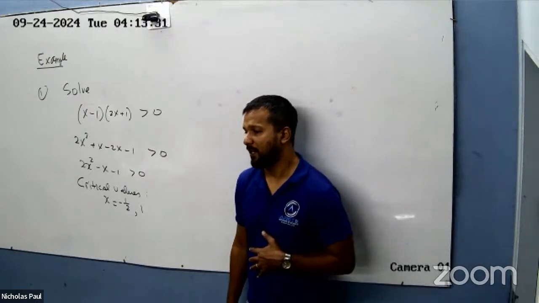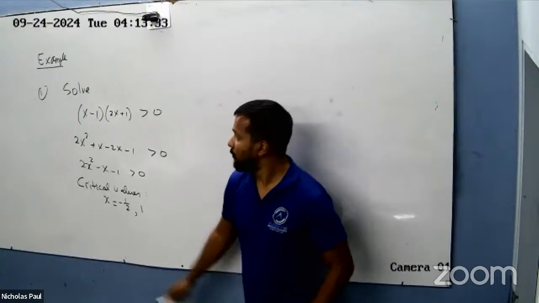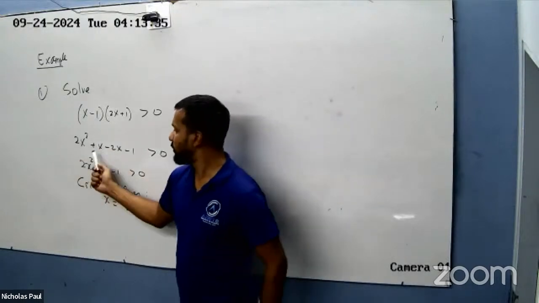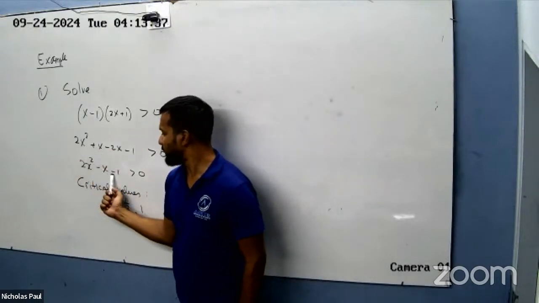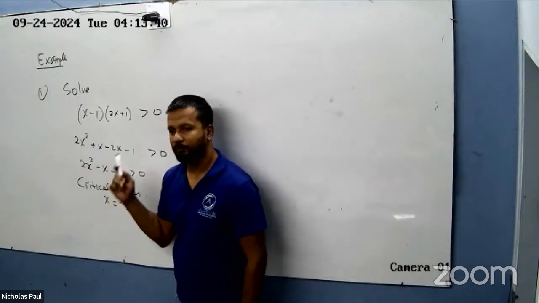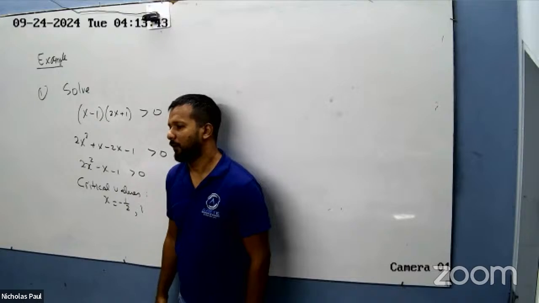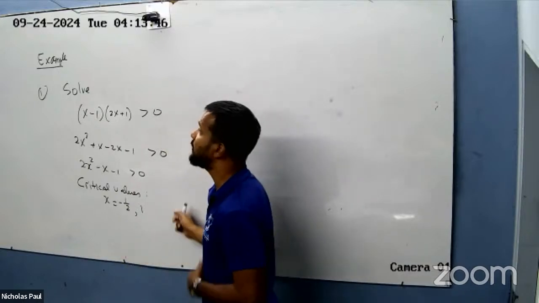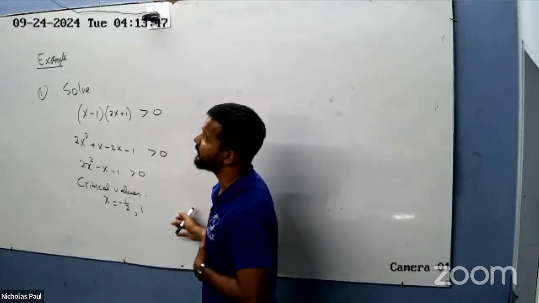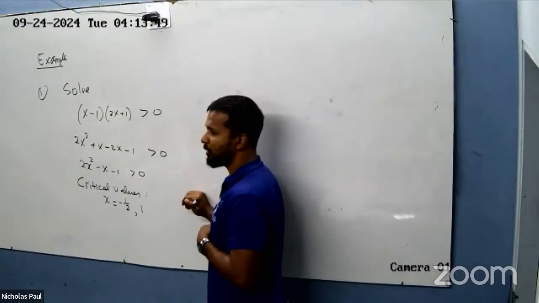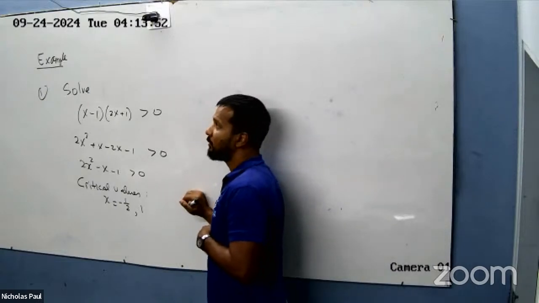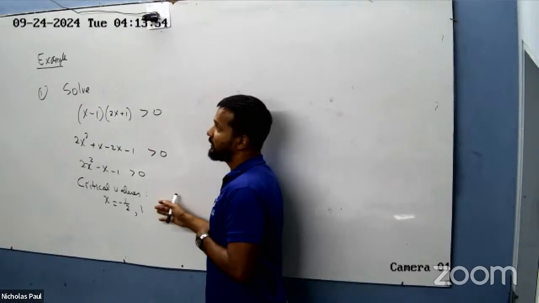Okay, minus half. Remember to plug in a is 2, b is minus 1, c is minus 1. Okay, nice. Are you okay with this? So that's just solving it, right?